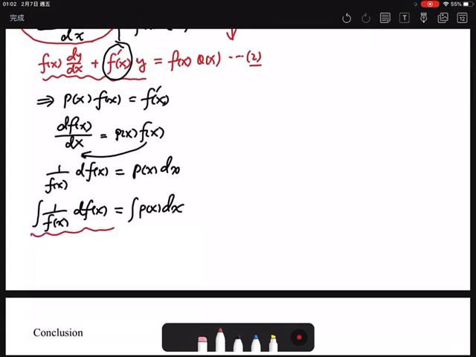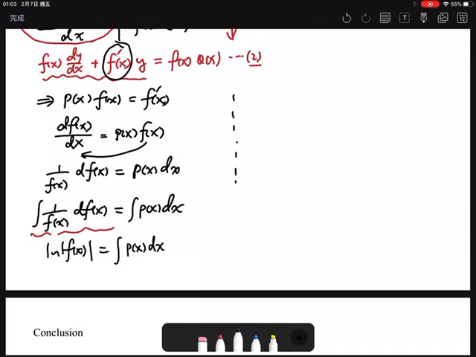You can regard it as the integral of 1 over u du, if you regard f(x) as u. So the left-hand side can be written as ln of the absolute value of f(x) equals the indefinite integral of p(x).